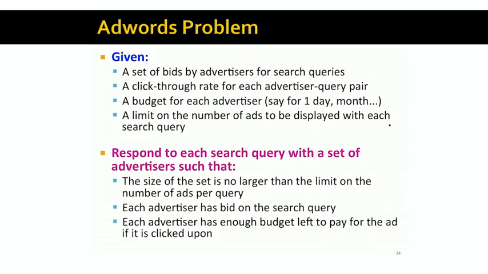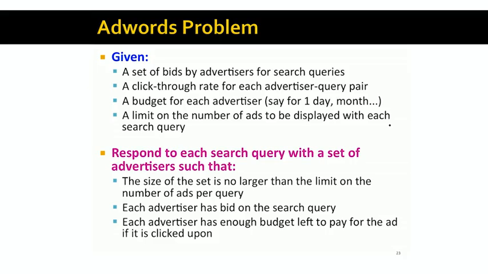And finally, and most critically, we have to make sure that not only has the advertiser bid on the query, but the advertiser has budget left over to pay for the ad if it is actually clicked upon. If you show an ad from an advertiser whose budget has been exhausted because lots of ads have been clicked on from that advertiser, then if somebody clicks on the ad, the advertiser doesn't have enough budget left over to pay for the ad when it's clicked, so the search engine doesn't get paid, so there's no point showing that advertiser's ad.